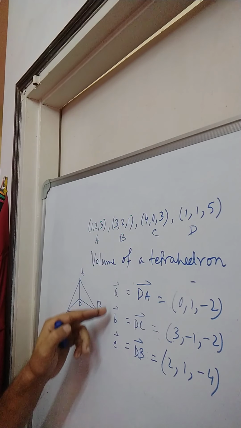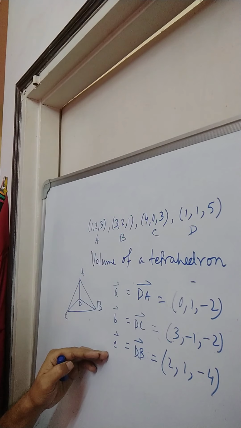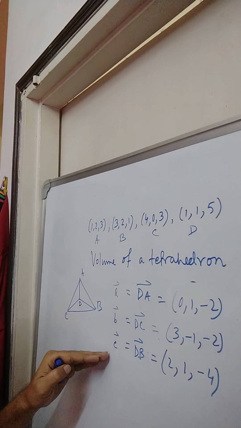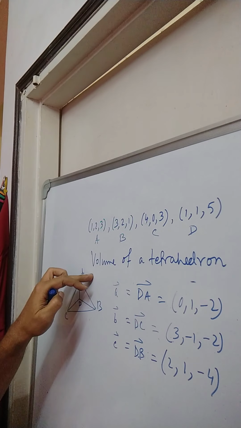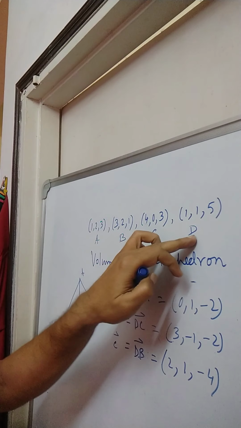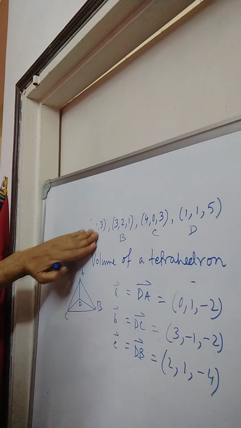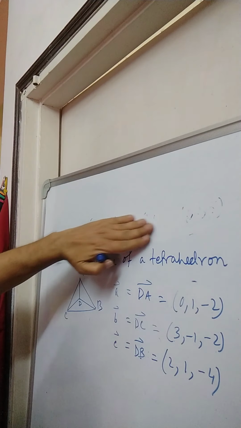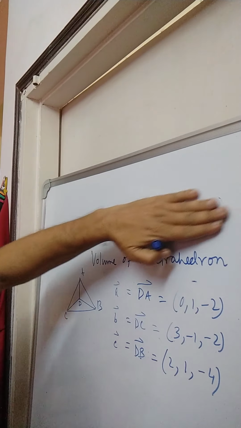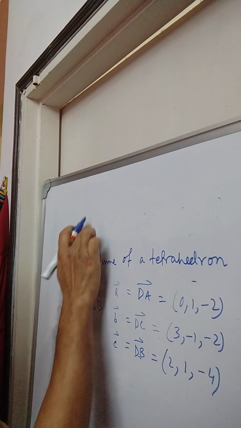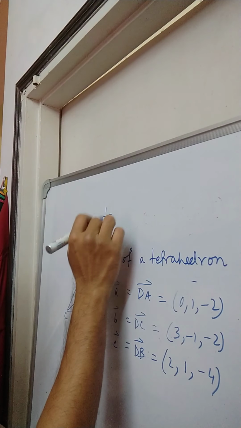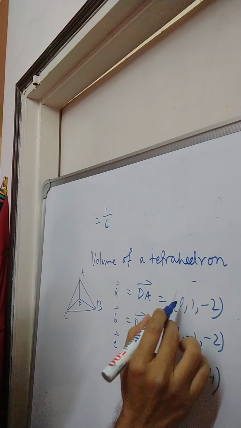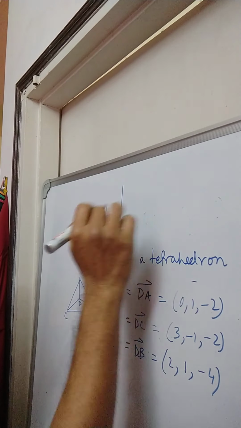So, we arrived at the three vectors, and whenever we have them, we can easily write the volume of a tetrahedron with these 4 points as 1/6 of the box product of this A, B and C. So, what is the box product?